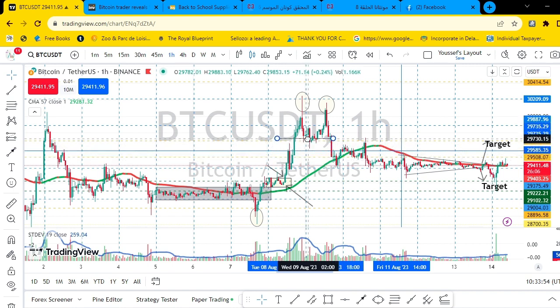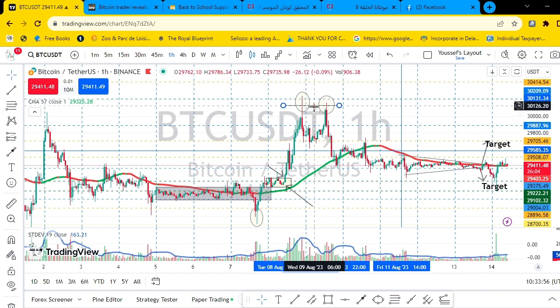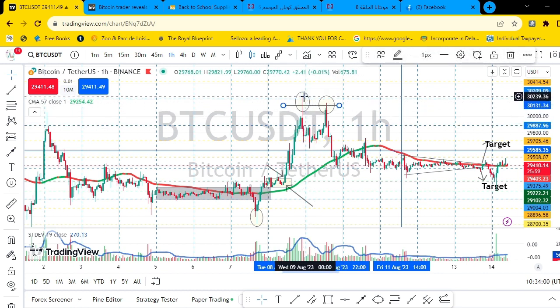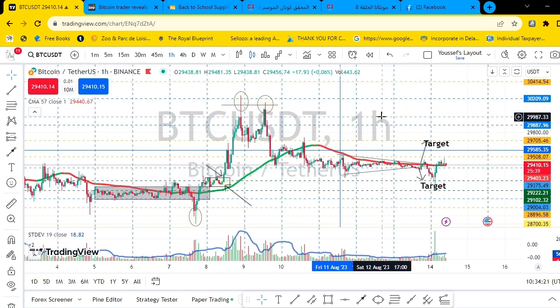Then when you reach this area, this candle was green before it started reversing and turning red. At this time, you will be stopped out with huge profits, and you made your trade of the day. From here to here, that's enough. That's a very beautiful trade and beautiful profits.